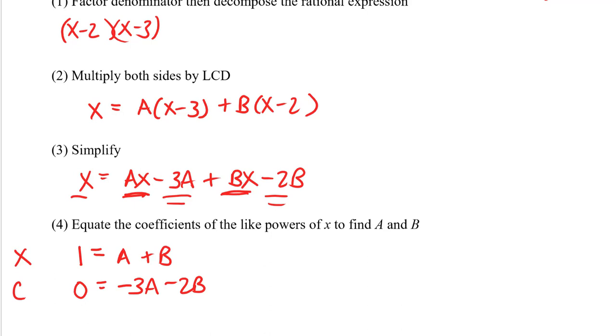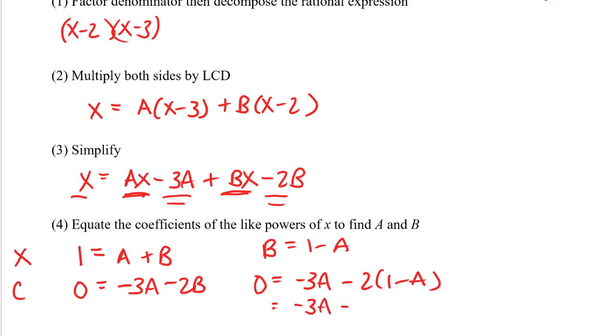So now we have a system of equations to solve. We have two equations and two unknowns. We can say then that b is equal to 1 minus a. Substitute into the second equation, so 0 equals negative 3a minus 2 times 1 minus a, or negative 3a minus 2 plus 2a, which leads us to 2 is equal to negative 3a plus 2a, or negative a, which means a equals negative 2.